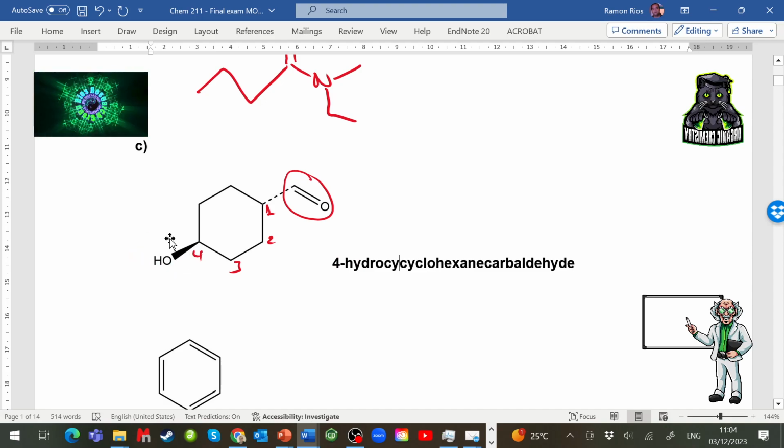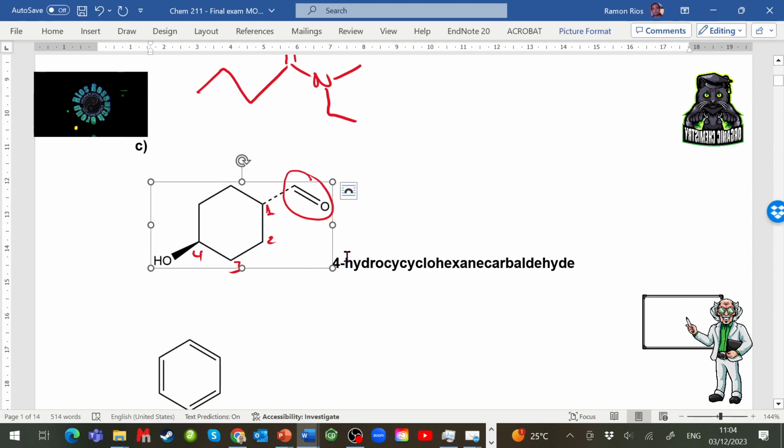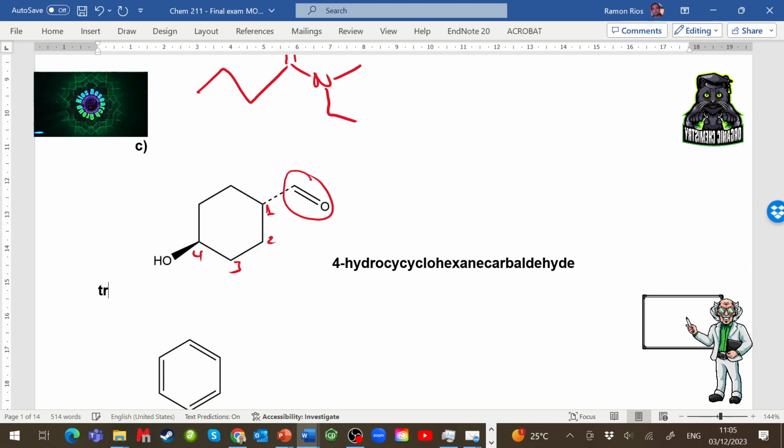And the last thing that we need to do is to put the stereochemistry. In this case, the OH is going up, the aldehyde is going down. That means that it will be trans-4-hydroxycyclohexane carbaldehyde.